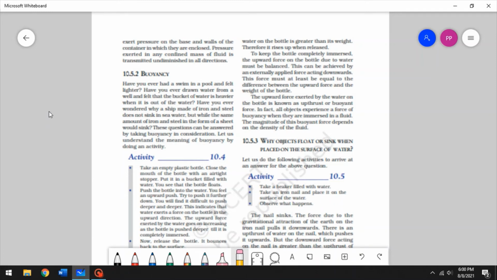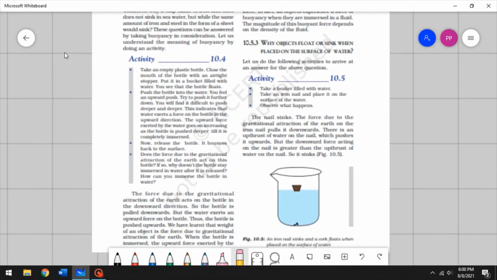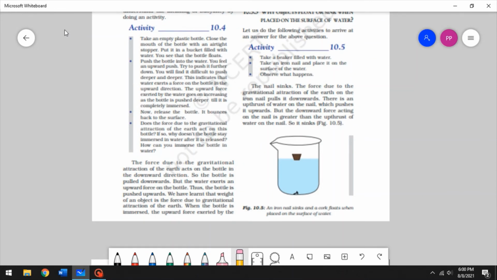They can be answered by taking buoyancy in consideration. So we have an activity here that you can try that would help you understand buoyancy by observing it firsthand. Alright, so the force due to the gravitational attraction of the earth acts on the bottle in downward direction.